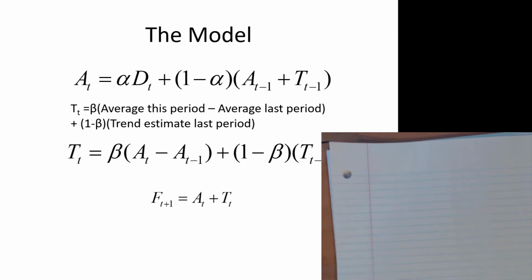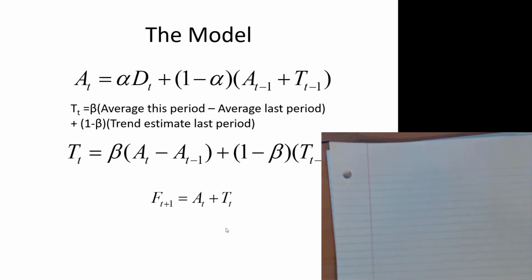Now, if we skip ahead and look at the forecast, the forecast is where I take that average and add it to its trend. So I take the average, which would be the forecast in the old way, and then I add the trend, and that's my forecast for the next period.